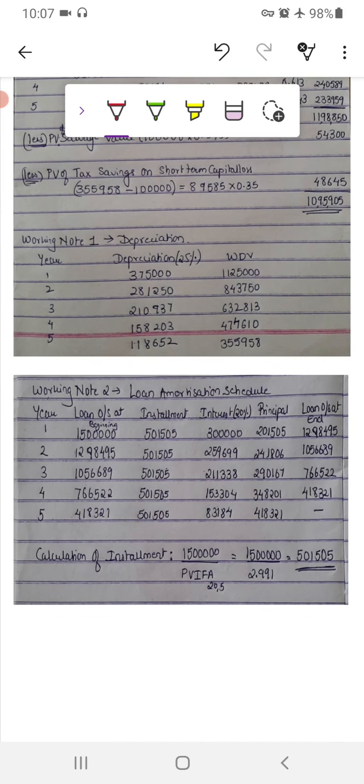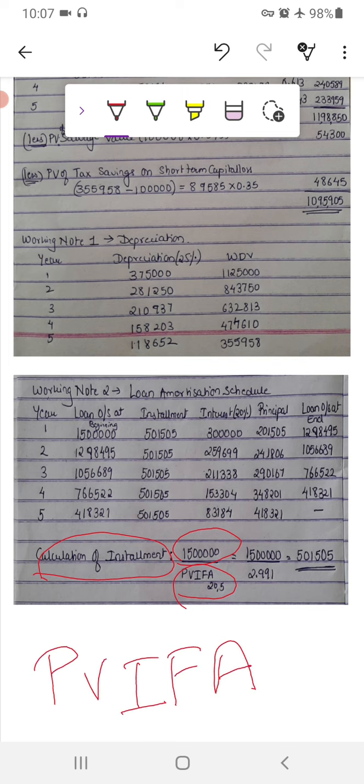If you see, calculation of installment. Now how do you calculate installment? First of all, the loan that you are going to take is 15 lakh, because that is the value of the machine, 15 lakhs. Then divided by present value interest factor annuity. This present value interest factor annuity for 20%, because cost of capital is 20% for 5 years.